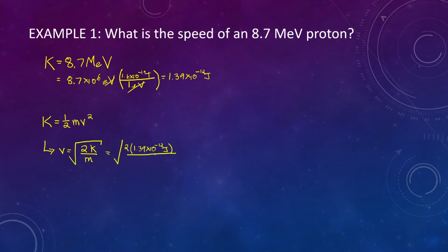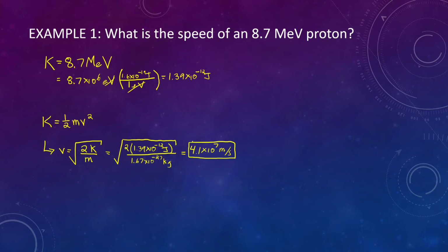Otherwise, if you're just watching randomly on YouTube, look it up, right? The mass of a proton is something you can find simply on Google. But that value is approximately 1.67 times 10 to the minus 27 kilograms. Plugging all of these values in, we will see an answer of 4.1 times 10 to the 7 meters per second.